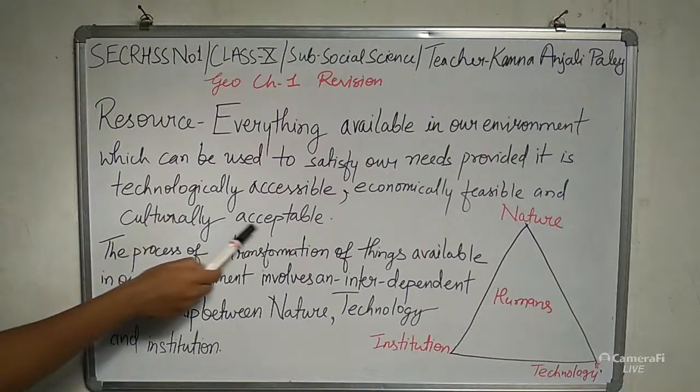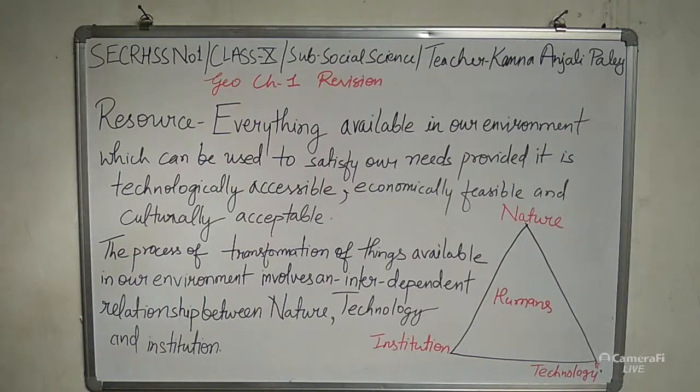And the last point is culturally acceptable, which has been accepted by the society of the country or the world. Then a thing which we get from the environment becomes our resource, and we can satisfy our need by using that resource.